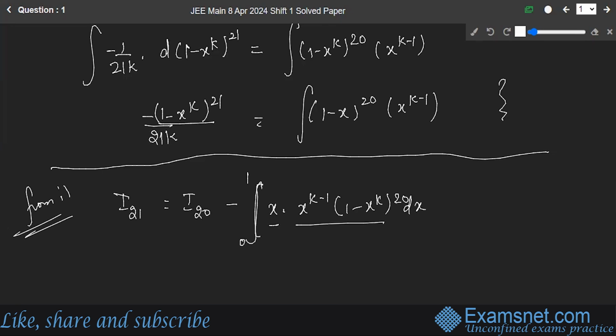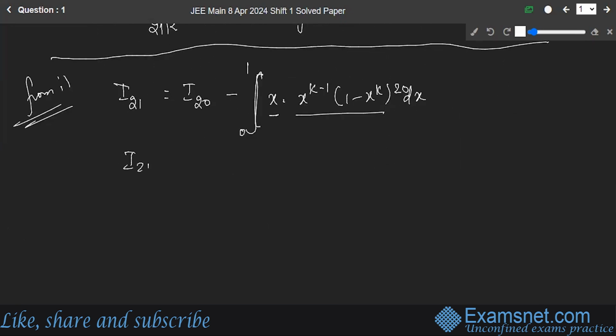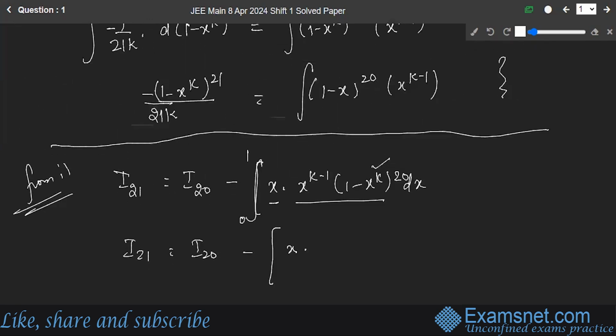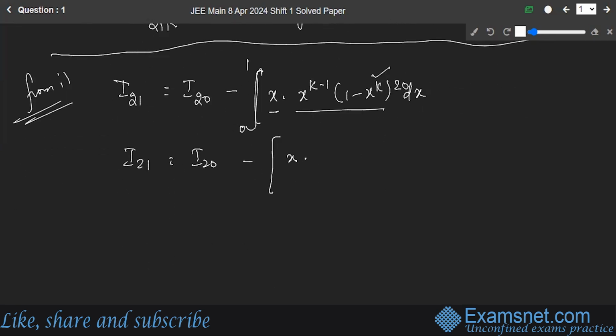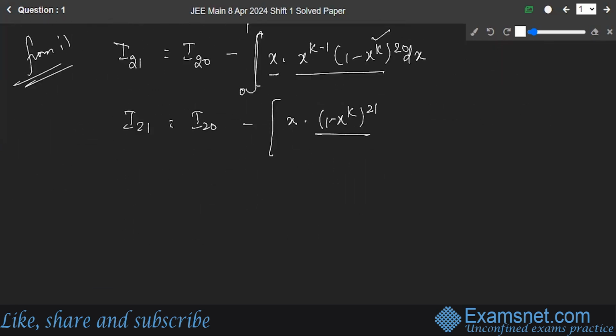So let's take this as the two separate functions. So I-21 is equal to I-20 minus this. This will give me x into, what was this equal to? See, this was equal to this, so you can write it like this: x raised to power 21 upon this, minus 21 into k into x. So integral of the derivative of the first into this, dx.